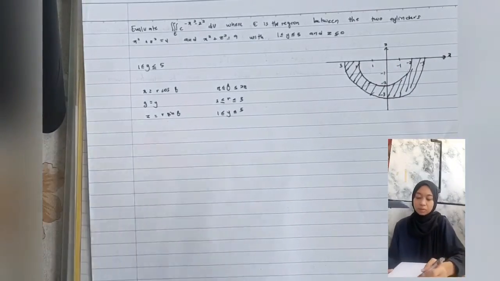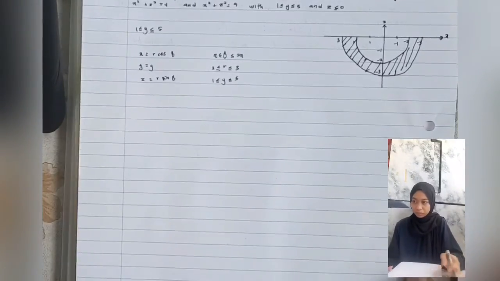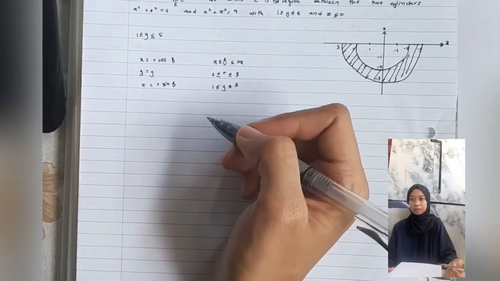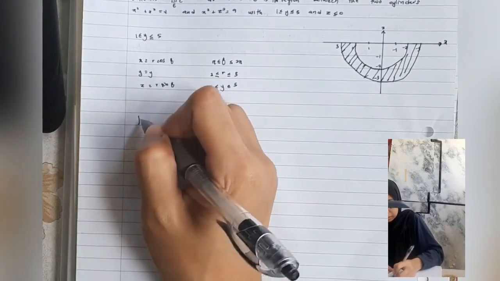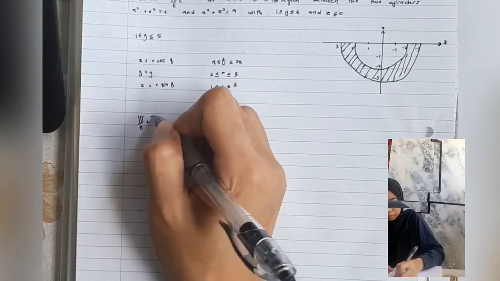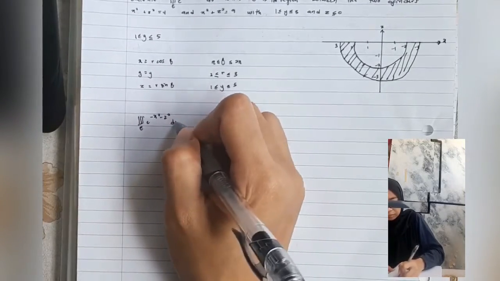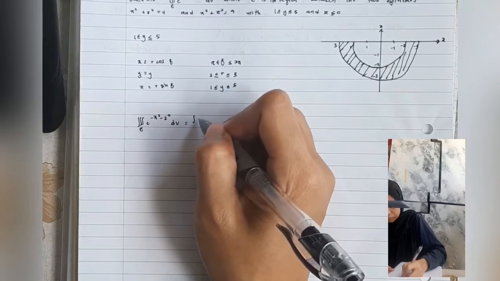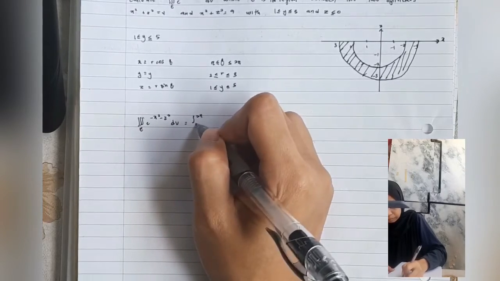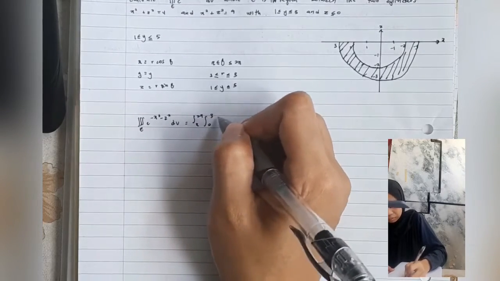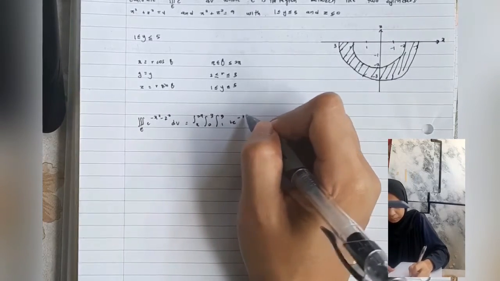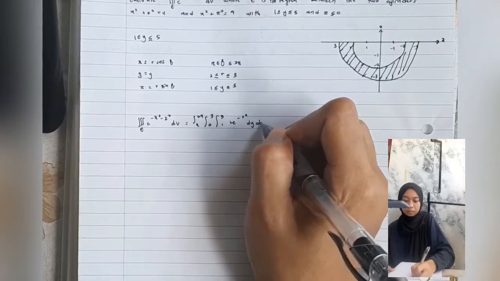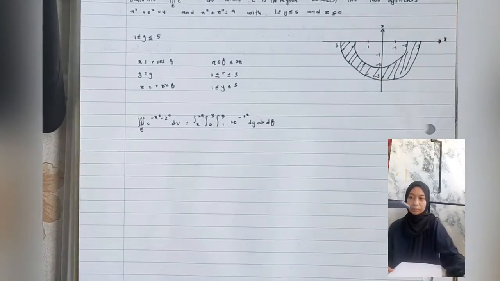After we got the limits of our bounded region, we need to plug these limits into the integral converted to cylindrical coordinate. So the integral here will be the triple integral over E of exponent negative x squared minus z squared dV equal to the integral from pi to 2 pi, from 2 to 3, from 1 to 5, of r exponent negative r squared dy dr d theta.